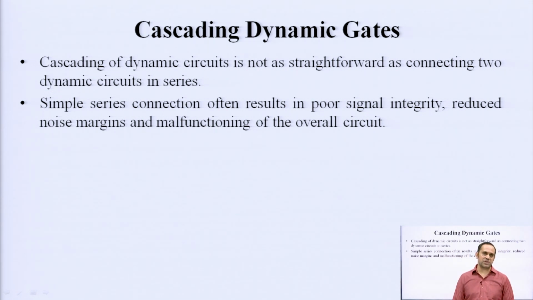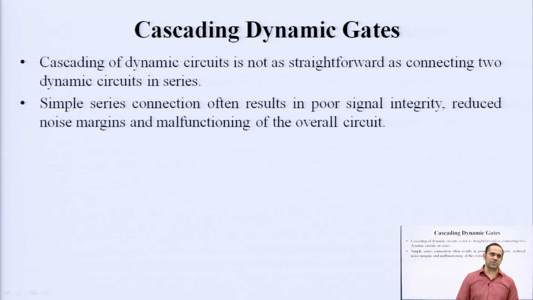Now, in the evaluation stage, either the output can make a transition from 1 to 0 or stay at logic 1. So, this way a dynamic CMOS circuit basically allows you to have a lesser number of transistors for the same logic operation as compared to a static CMOS circuit.